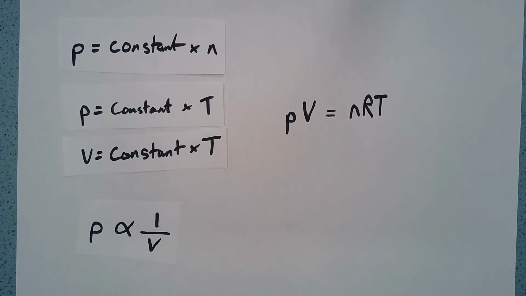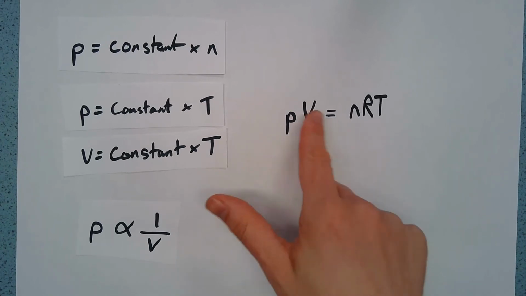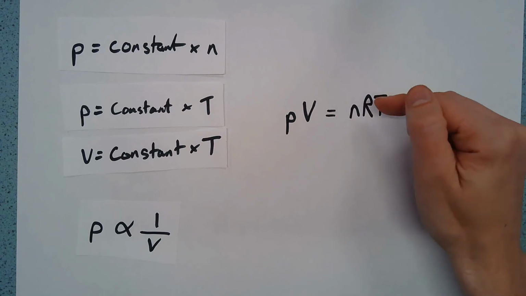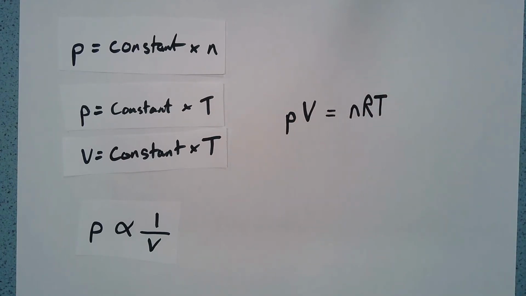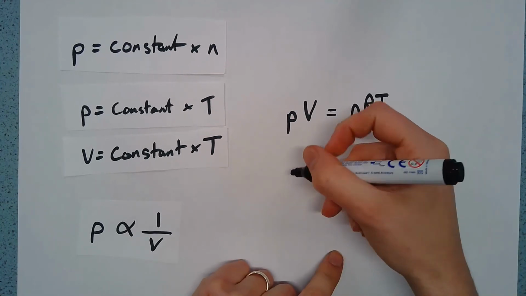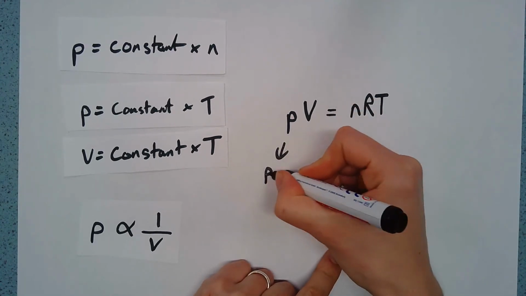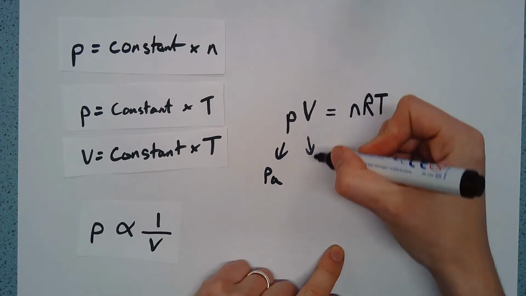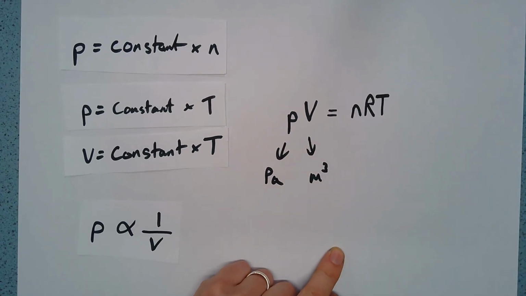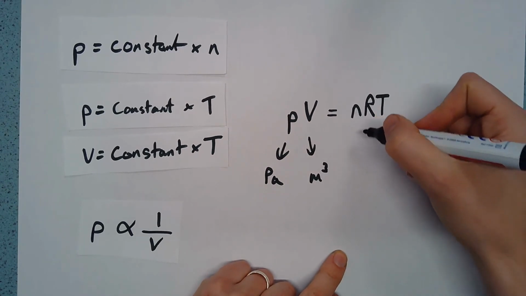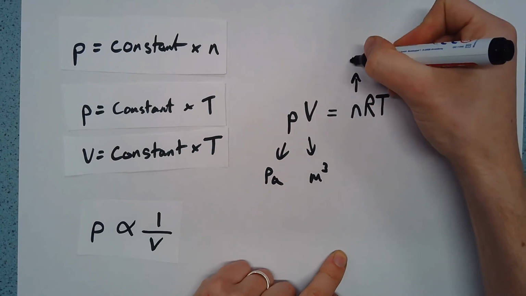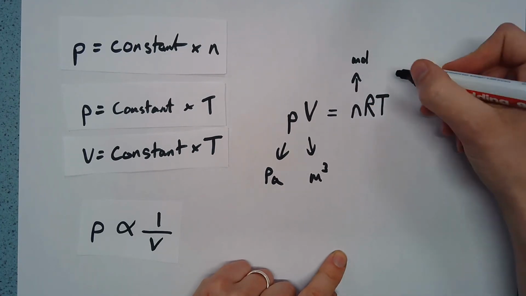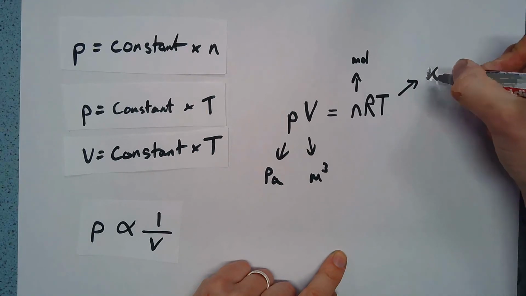Volume could be measured in decimetres cubed or metres cubed, and depending on what we put into our equation here, we're going to get a different value out for R. And so for A-level chemistry, we are going to use pascals for pressure, metres cubed for volume, moles for number of moles, unsurprisingly, and Kelvin for temperature.